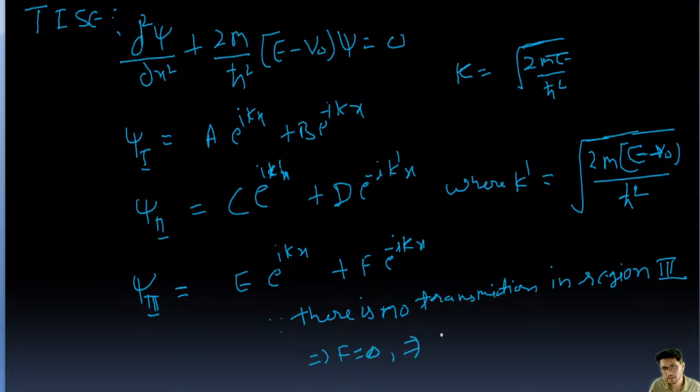That implies F e to the power minus iota kx equals 0. So psi 3, the wave function in region third, is going to be simply e to the power iota kx.